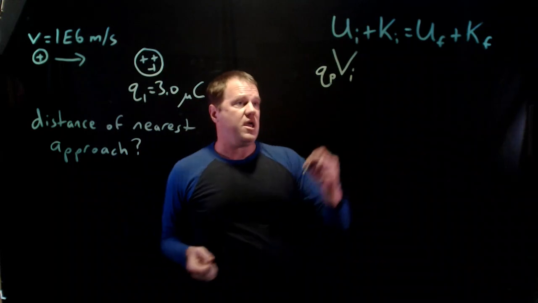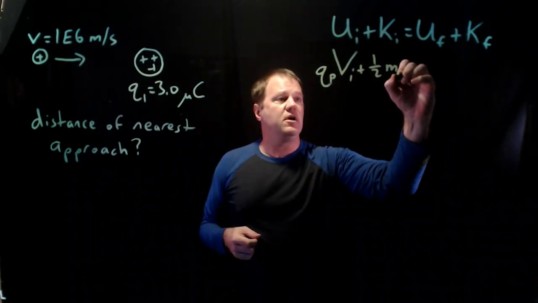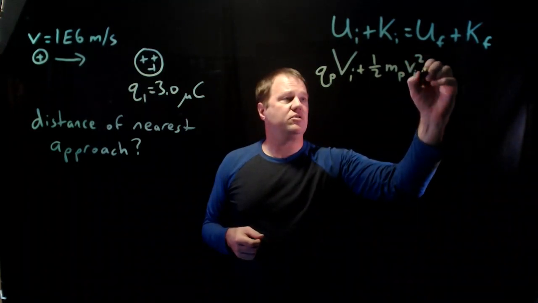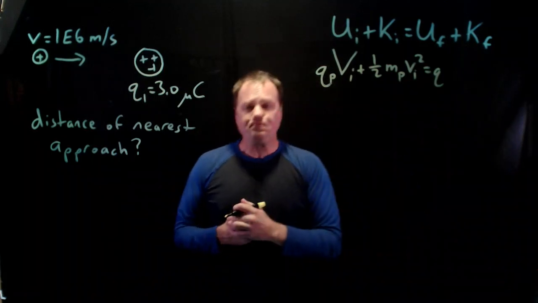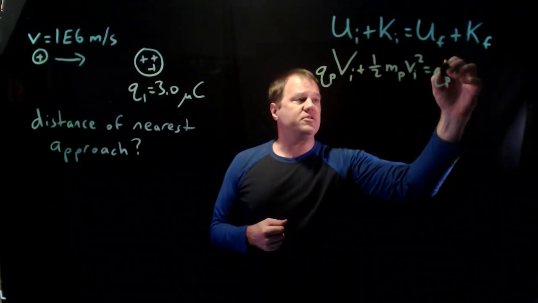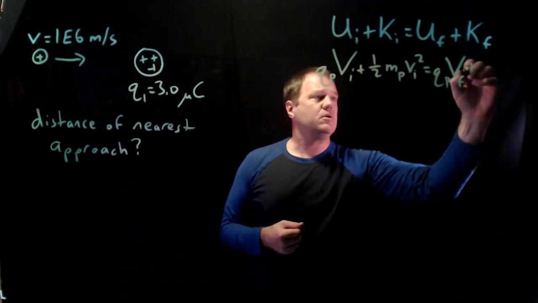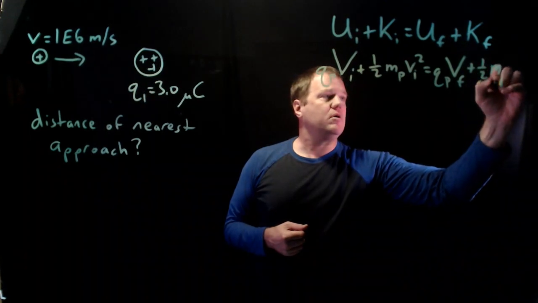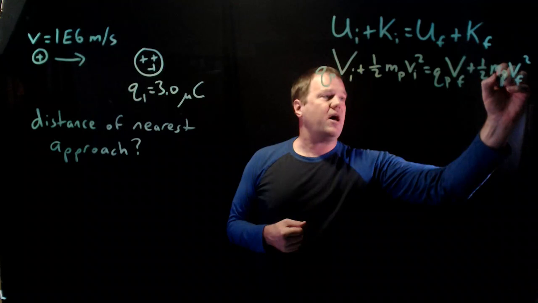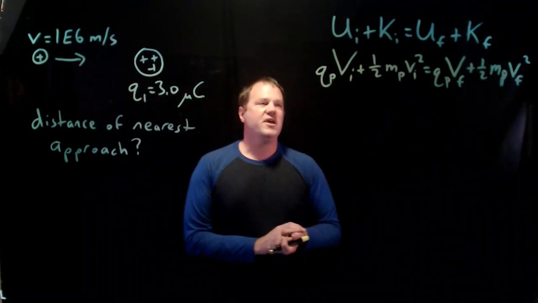Then kinetic energy, just translational kinetic energy: 1/2 mass of the proton times the initial velocity squared. The same idea on the other side: Q of the proton times big V final plus 1/2 mv squared. There's a lot of symbols flying around. It's actually going to get a little worse, but eventually it'll simplify.